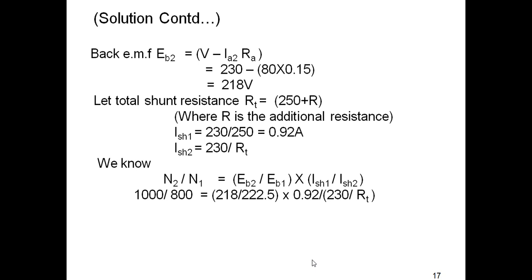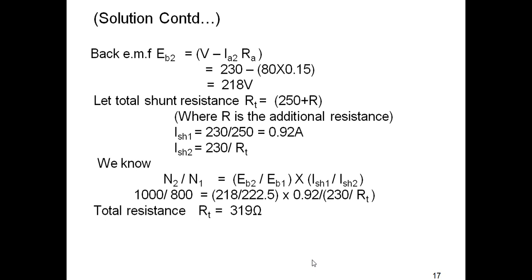After substitution of these values, that is 1000 by 800 is equal to 218 by 222.5 into 0.92 by 250 plus R.